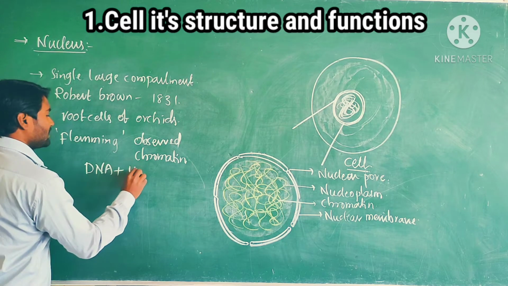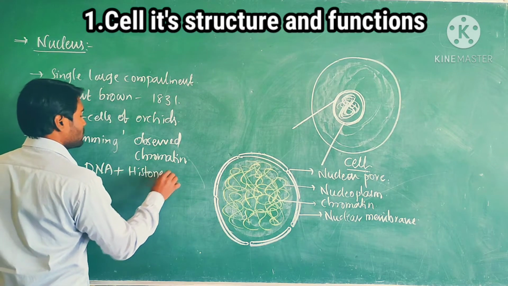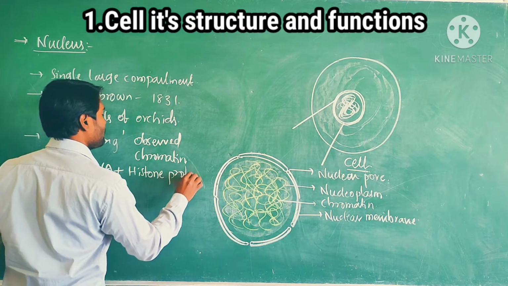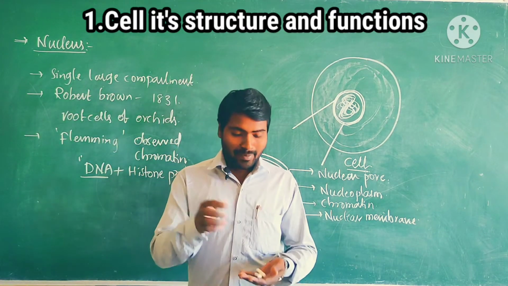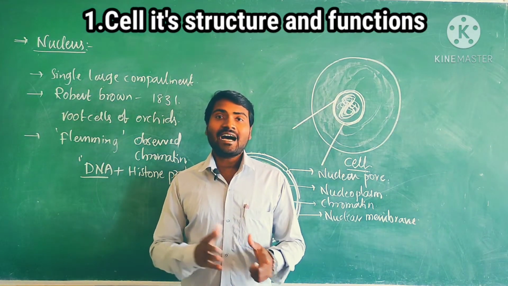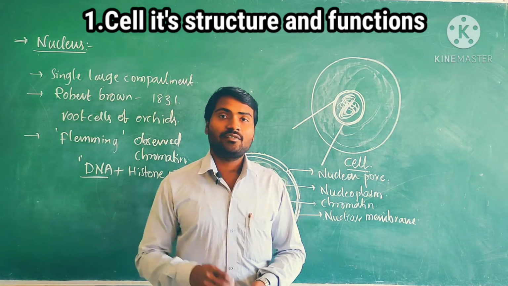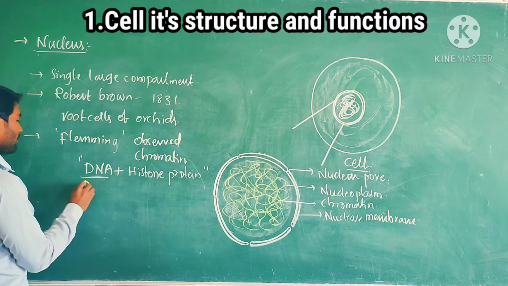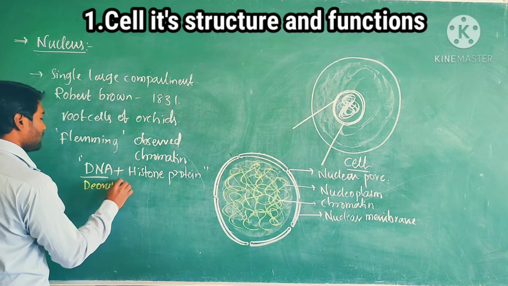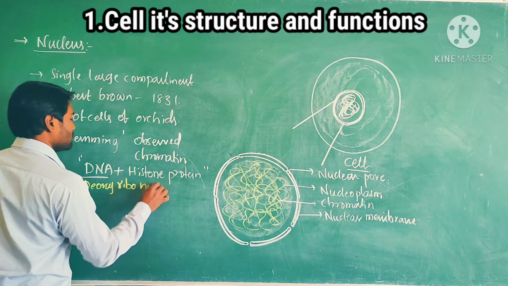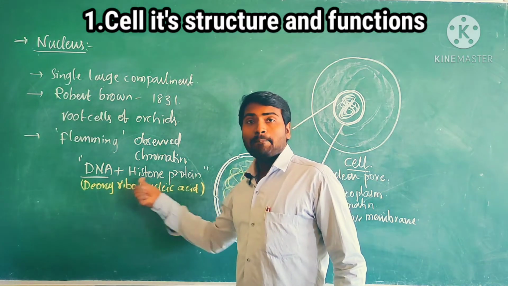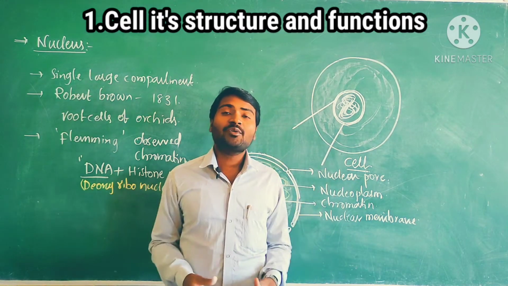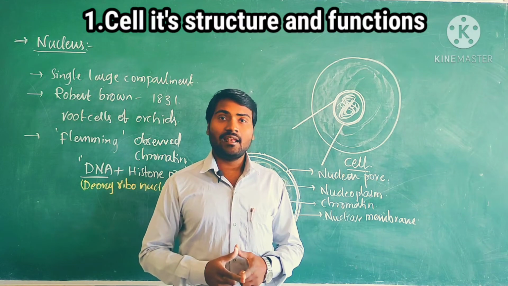DNA plus histone protein. As we know, DNA is the main genetic material. What is the full form of DNA? Deoxyribonucleic acid. DNA plus histone protein all together is called genetic material.